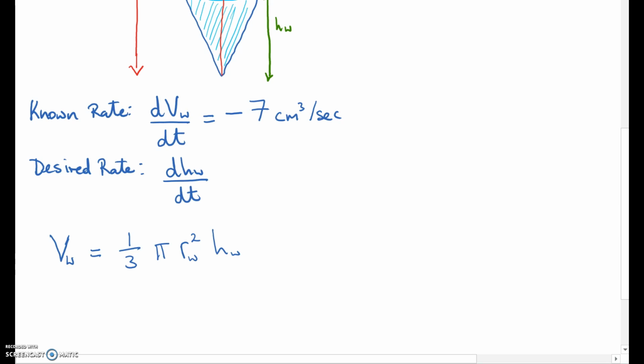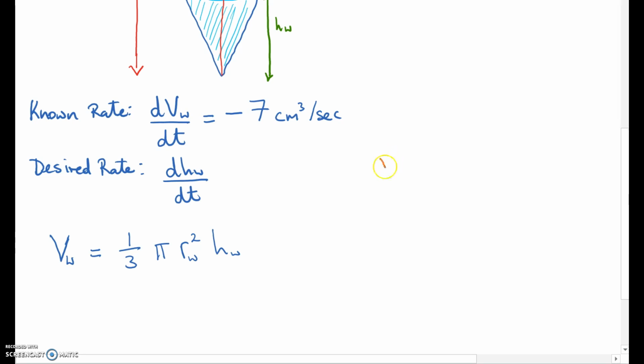And this relies, and you're not told this, there's no indication that this is the case, but this relies on you knowing a little piece of information that you'd have learned when you studied cones.